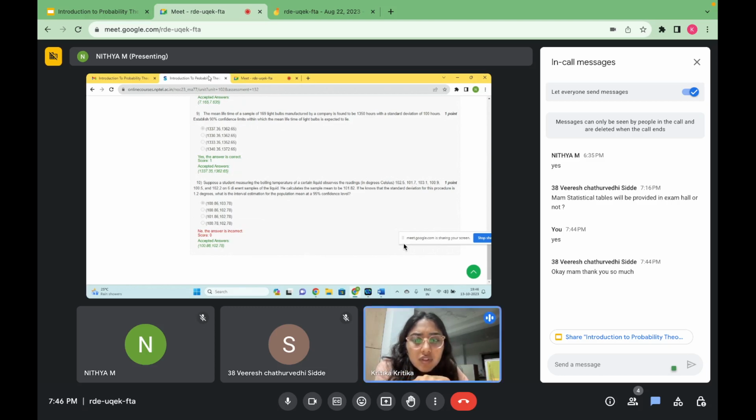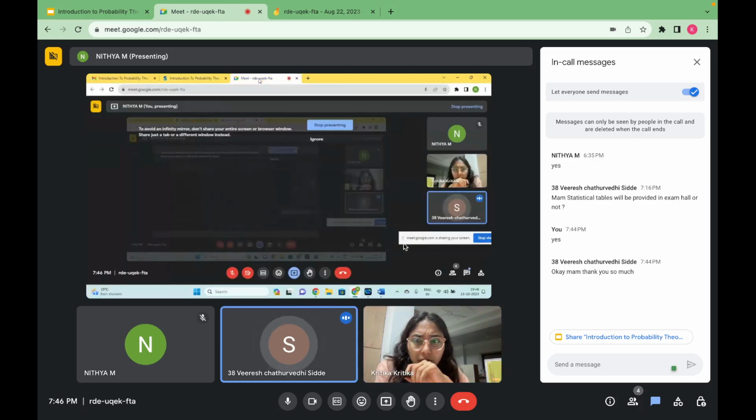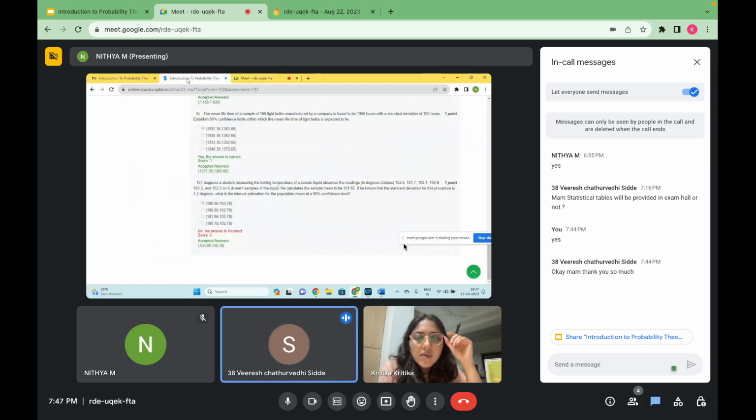Like, the solution is given, the solution is wrong, or what? Okay. You are considering T alpha by 2. Right. But now the sample size is small, so you are using this T. Okay.